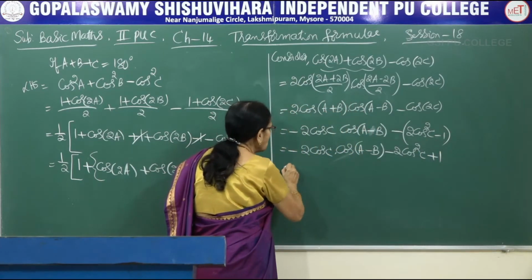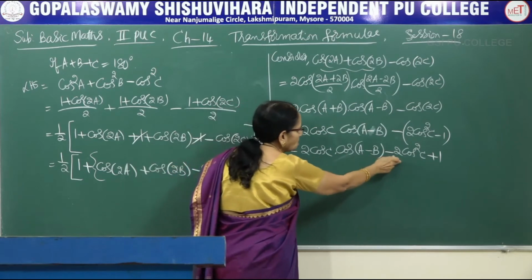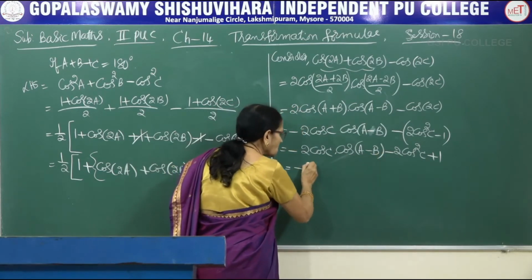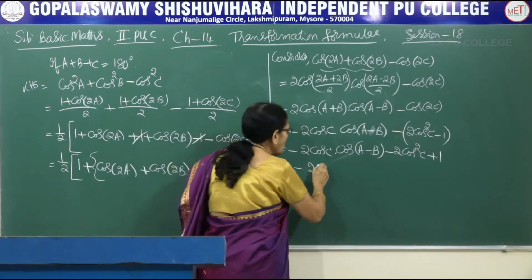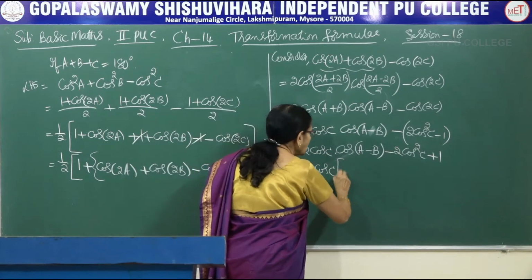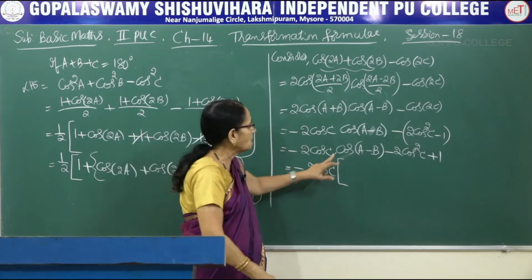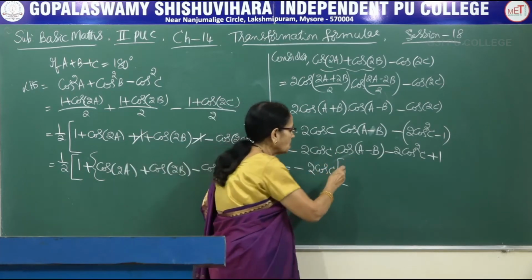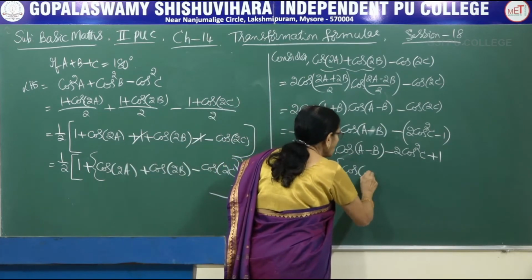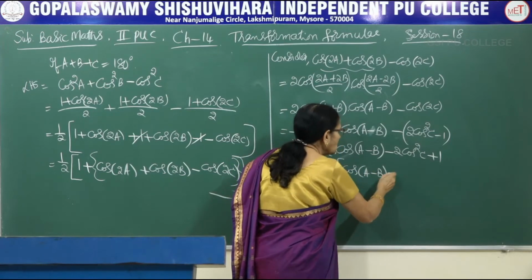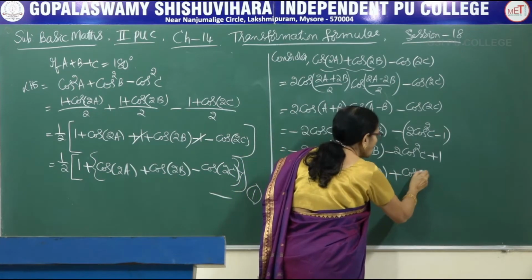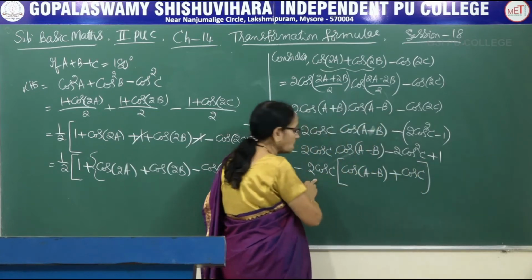Now out of these 2 terms, this one and that one, what's the common factor? Minus 2 is a common factor, and then cos of C is a common factor. When from both the terms we have taken the minus sign, both the terms become plus. So this is cos of (A minus B) plus another cos of C. One cos C I have taken outside.